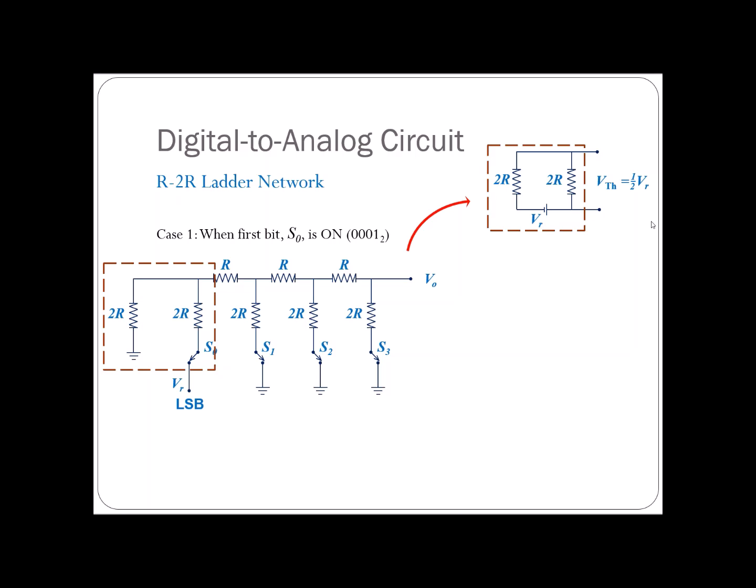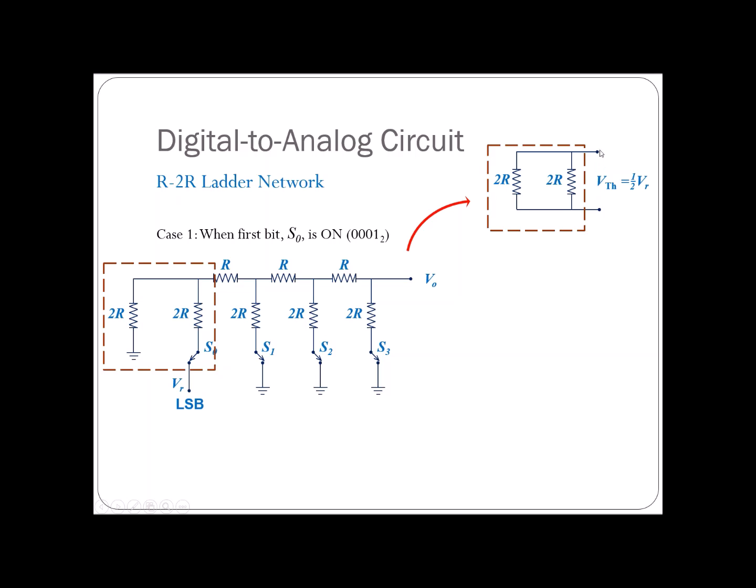What will be our Thevenin impedance? If you still remember how we do it in Thevenin techniques, we short circuit the voltage source, and then we calculate the equivalent resistance between these two ends. We have two resistors, each with a value of 2R, connected in parallel.